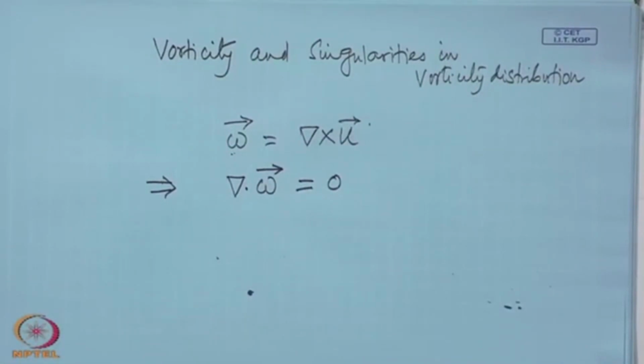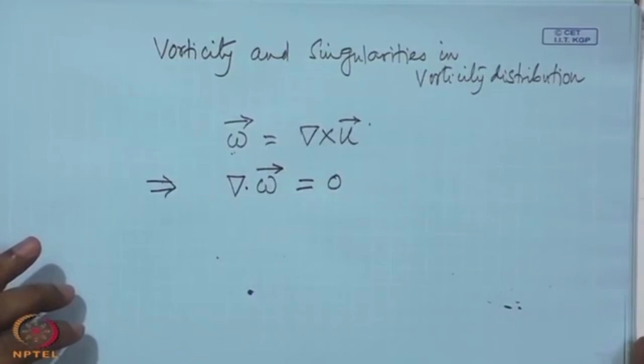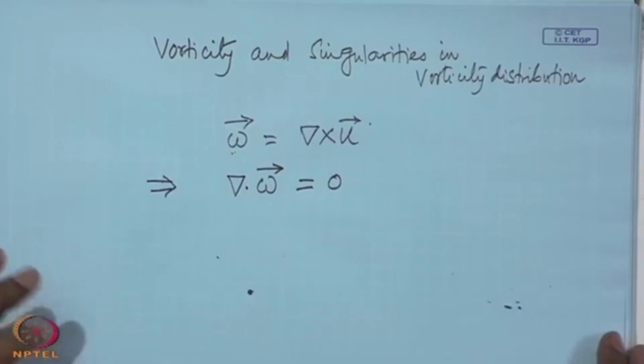But before that, let us make a few simple definitions. Like streamlines, which are lines always tangential to the velocity vector, similarly the lines which are always tangential to the vorticity vector are called vortex lines.